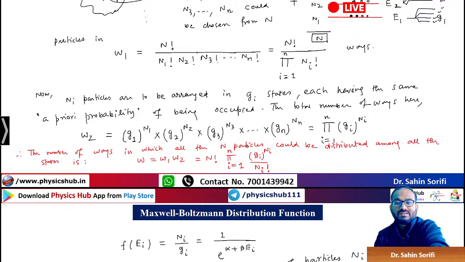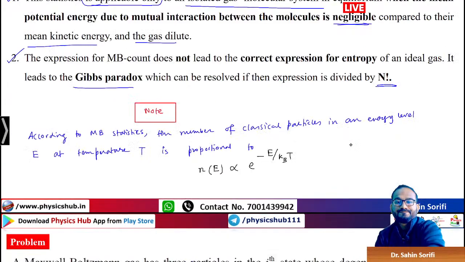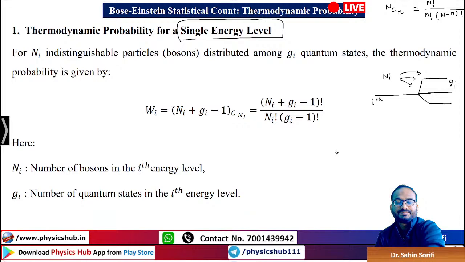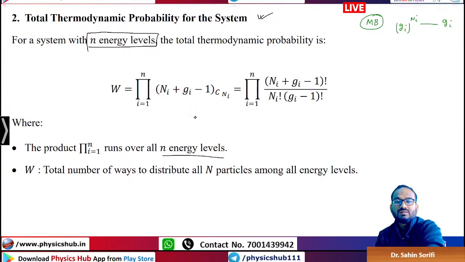Remember, this is for the whole system, and this is for a single level. In the same way, for Bose-Einstein, ni plus gi minus 1 C ni is for a single level. For all the levels, we have to take a product.